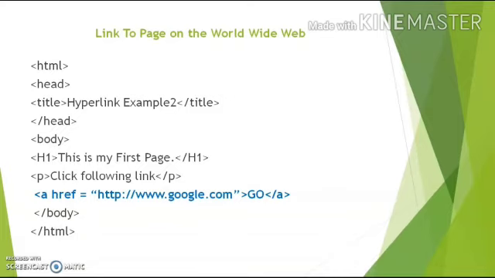Now hyperlink tag, that is a tag, a href is equal to http://www.google.com, go, a tag close, body tag close, HTML tag close. Here go is my link. When I will click on go, I will directly jump on Google web page. This is the example of link to page on the World Wide Web.